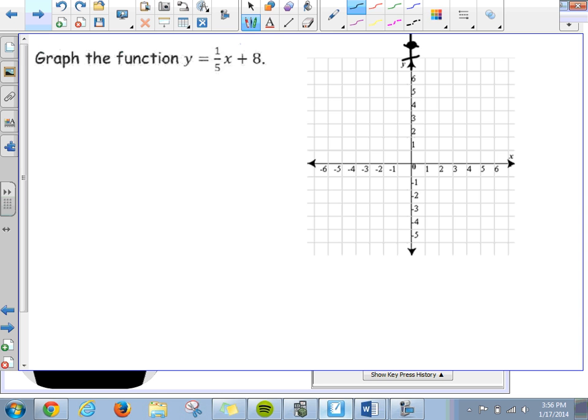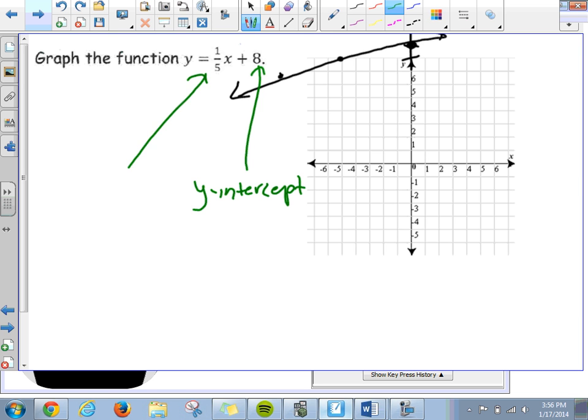I'm going to go down 1 and to the left 5, 1, 2, 3, 4, 5, down 1 and to the left 5, and connect. So just being able to see that this 8 is our y-intercept, and our 1/5 is our slope.